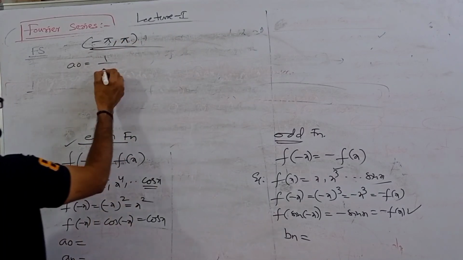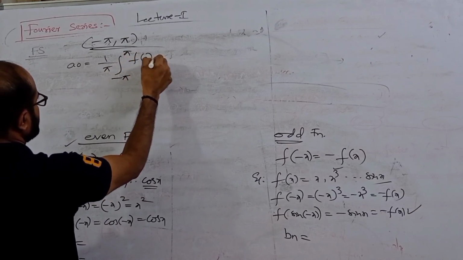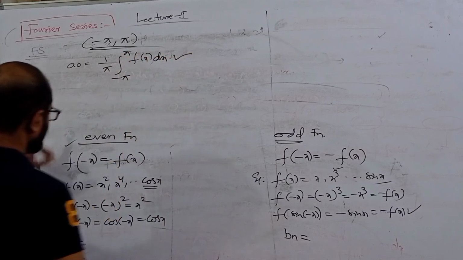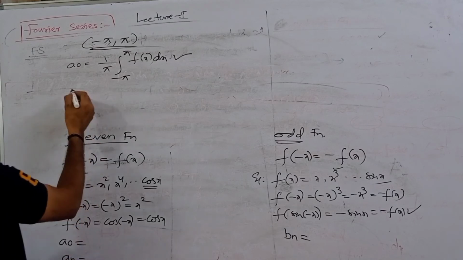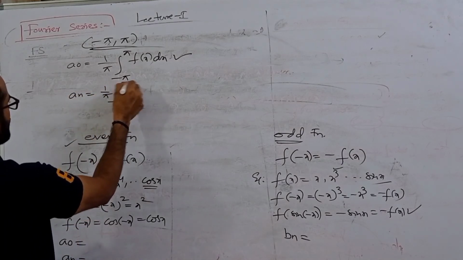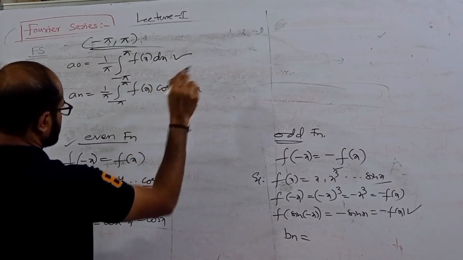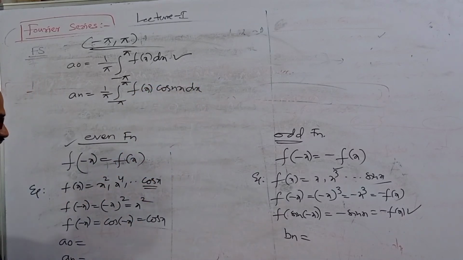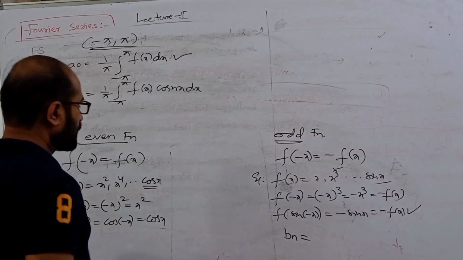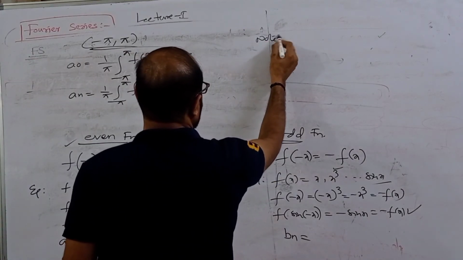Then a naught value is 1 by pi into the integral from minus pi to pi of f of x dx, this is the a naught value if it is an even function, and an equal to 1 by pi into the integral from minus pi to pi of f of x into cos nx dx, right? And we have one more, I will give it as a note here.